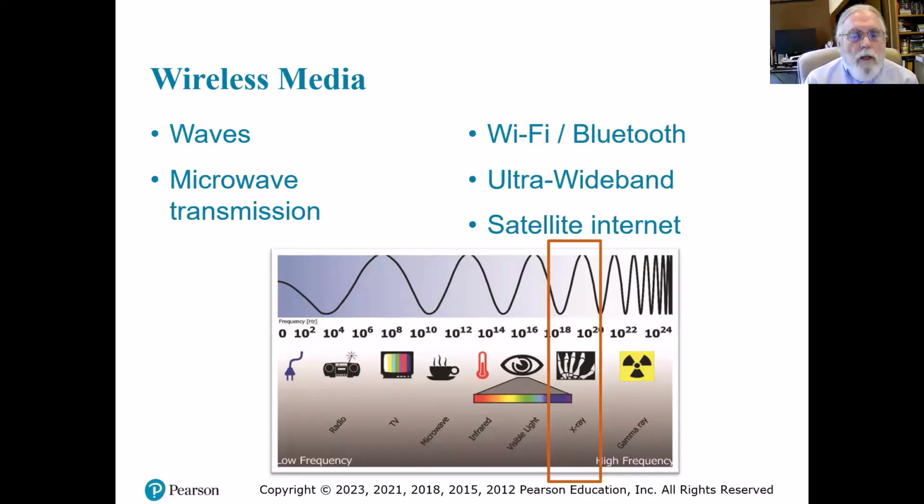And the electromagnetic radiation, depending on how fast the frequency is changing, determines what it is doing there. And you can see the higher it gets, the more dangerous it is. Certainly nuclear radiation is very harmful. X-rays you want to be protected from.